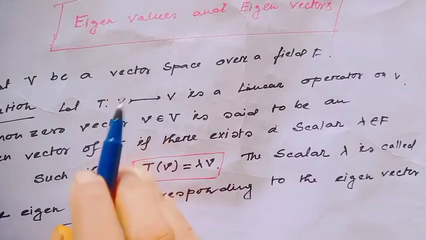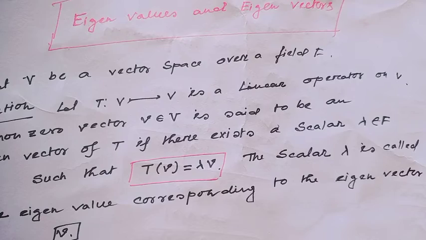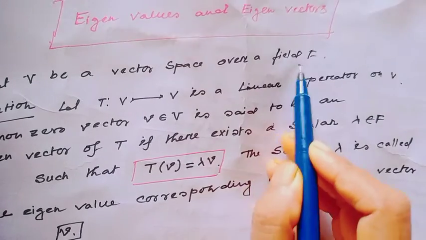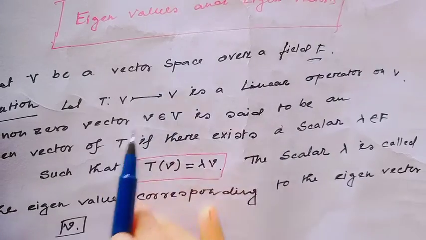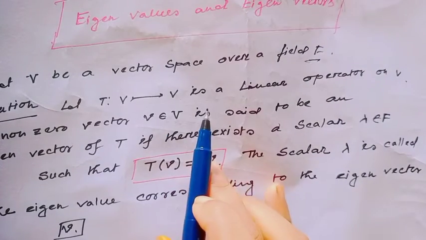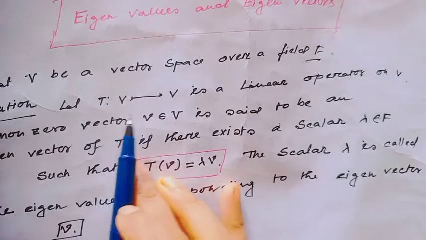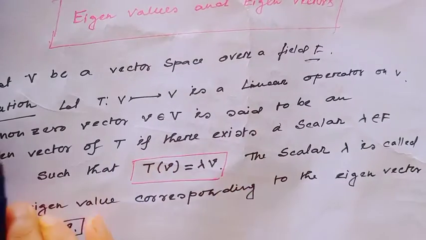For this, consider V to be a vector space over the field F. Then consider T to be a linear operator from the vector space to itself.